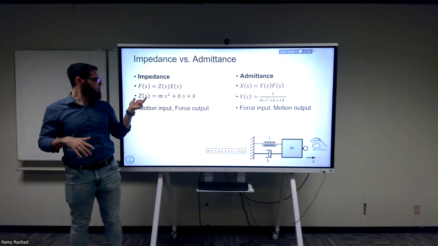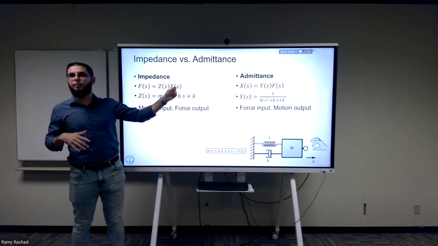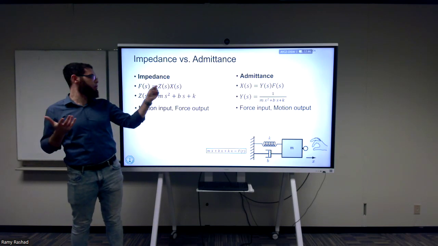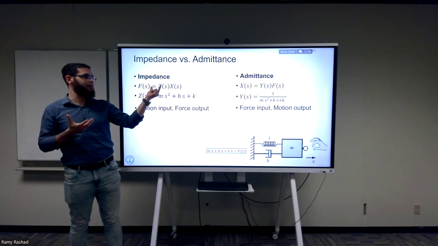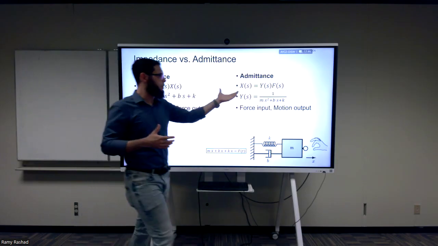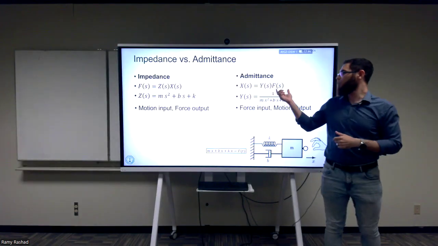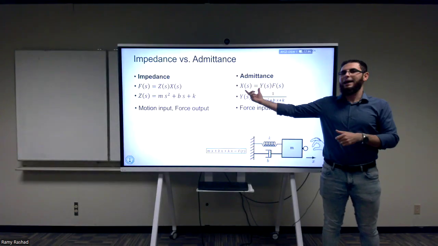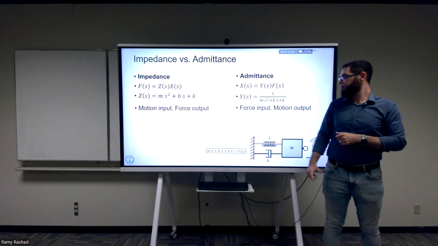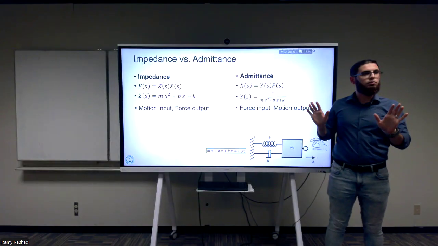You always have that. And if you have the pose or the position as an input, and the force as an output, then the mapping is called the impedance, and the inverse is called the admittance, when the force is the input and the motion is the output. So far, so good? Okay.